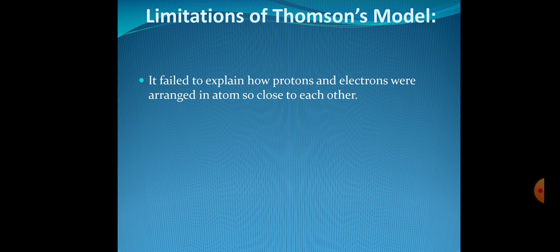But his atomic model has limitations. That means his atomic model was not accepted due to the following reason. First reason is very simple. He was unable to explain how proton and electron were arranged in atoms so close to each other.